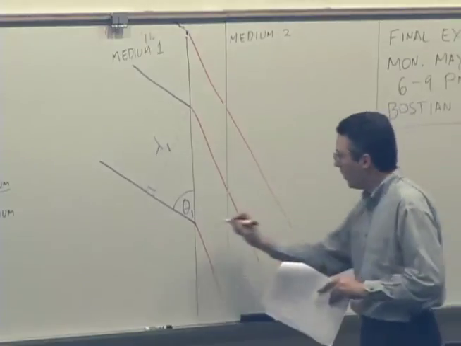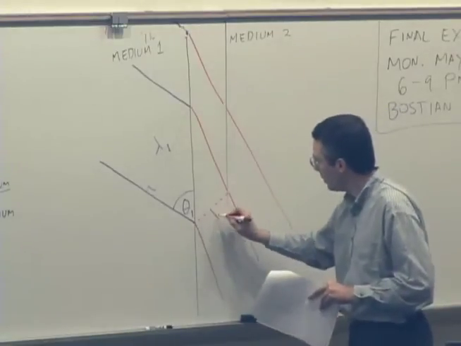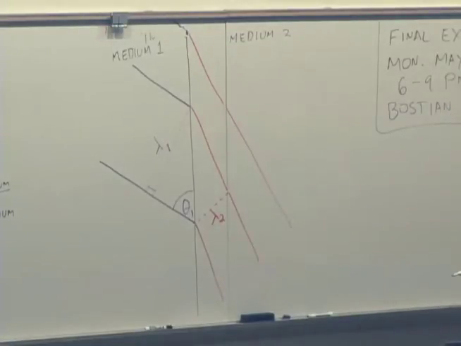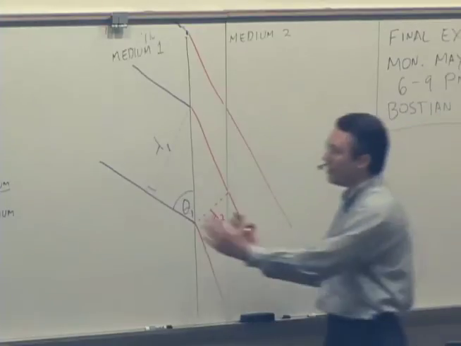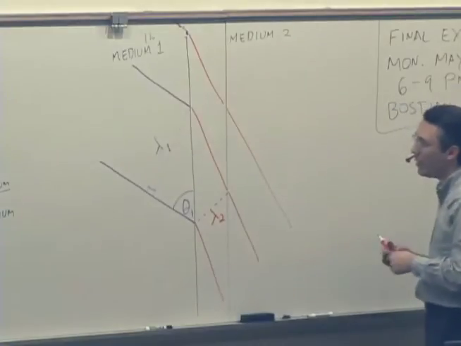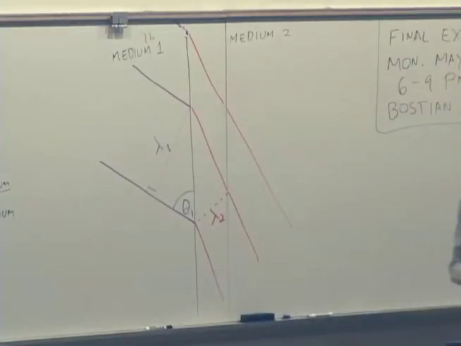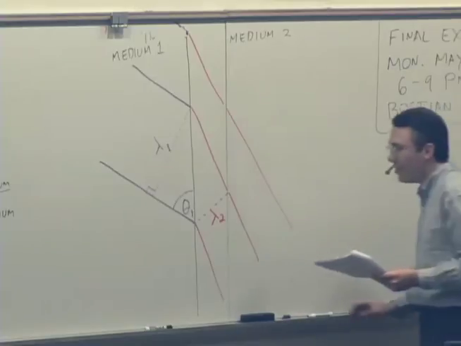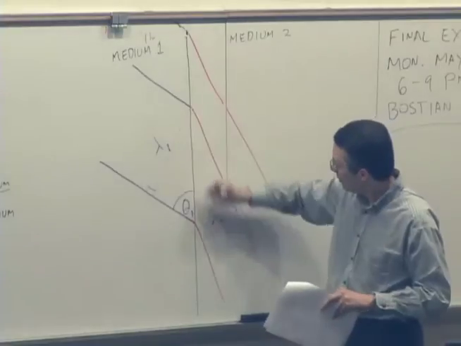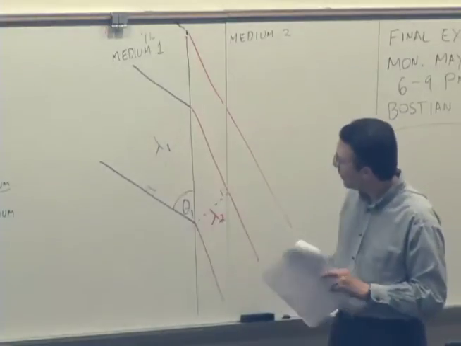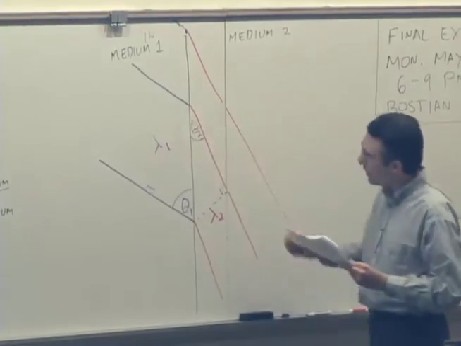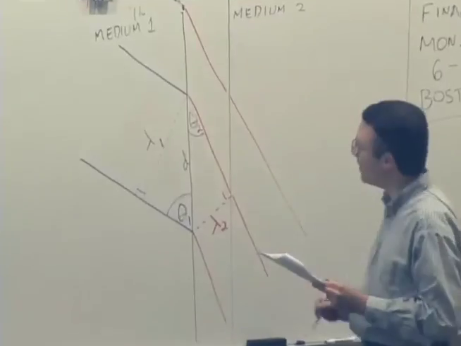This perpendicular distance is the wavelength in the second medium, so I'll call that lambda 2. The way to think about this is this wavefront is traveling this way, and it bends inside here, and this wavefront is traveling this way now. If we look at these two triangles, here's a right triangle, and here's another right triangle. Let me call this angle theta sub 2, and this side that's shared between them is D.